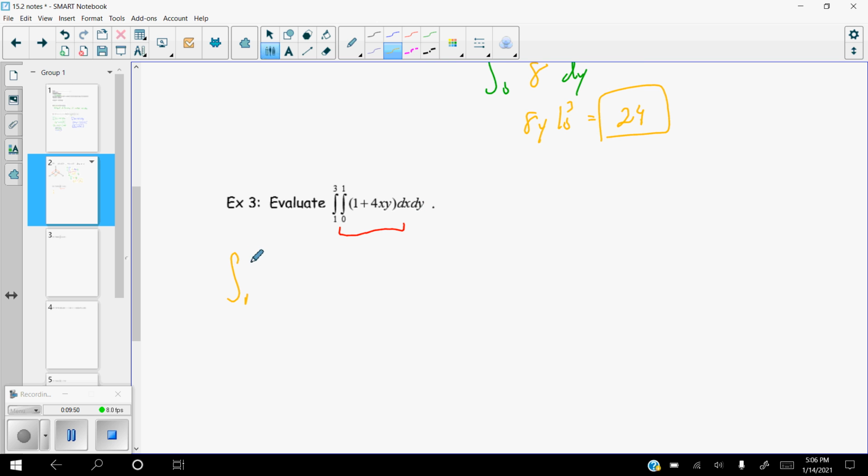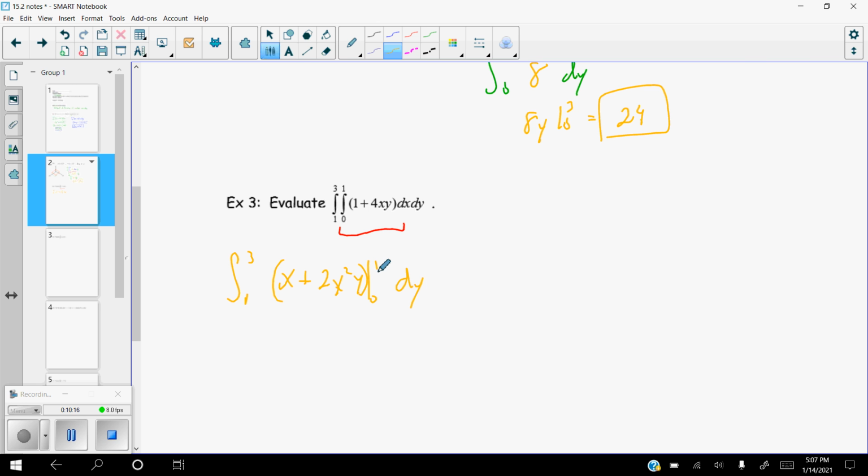We're still going to have left over the outside piece, the dy part. So with respect to x, it'll be x plus, that'll become x squared, dividing by 2, that's going to be 2x squared y. And we'll evaluate that from 0 to 1.